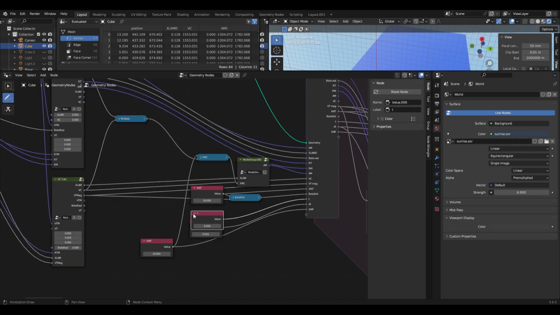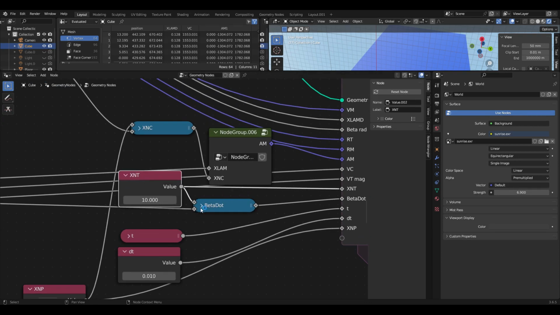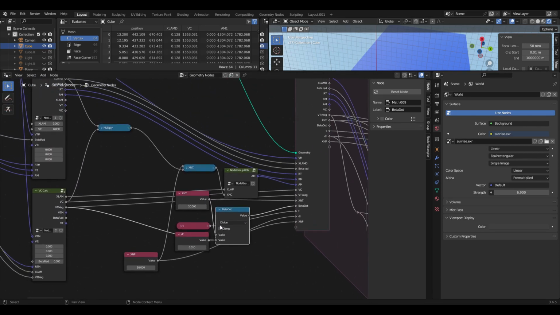Since RTM is a vector length, that's the node that you need to actually calculate that magnitude, and that output is VC. And so once I have VC and lambda dot, you can see those two are multiplied, and then those two are multiplied to get XNC, which is actually the acceleration.